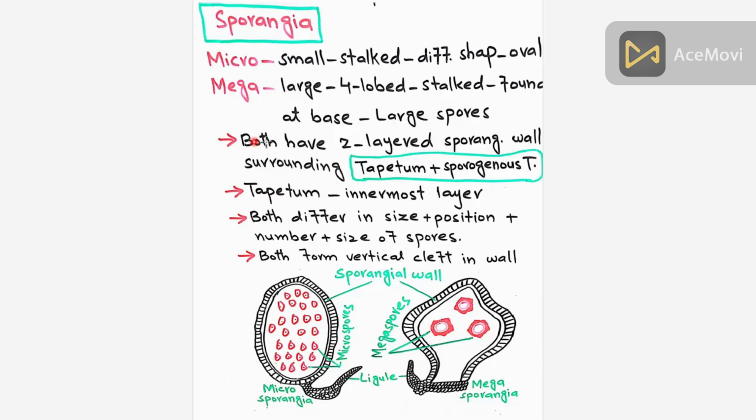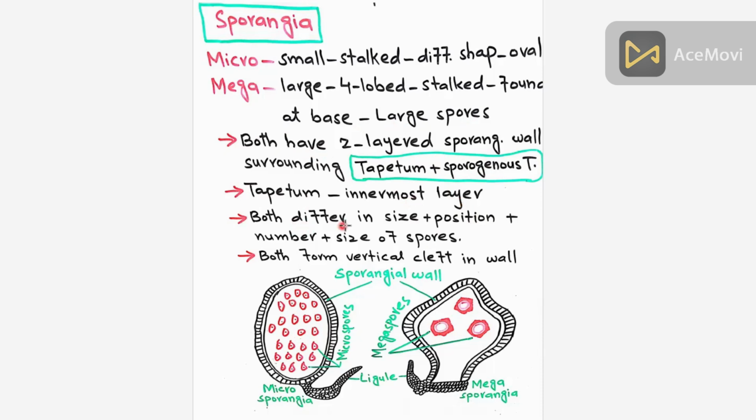Both microsporangia and megasporangia have a two-layered sporangial wall surrounding tapetum and sporogenous tissues. The tapetum develops from the innermost layer of the sporangial wall.